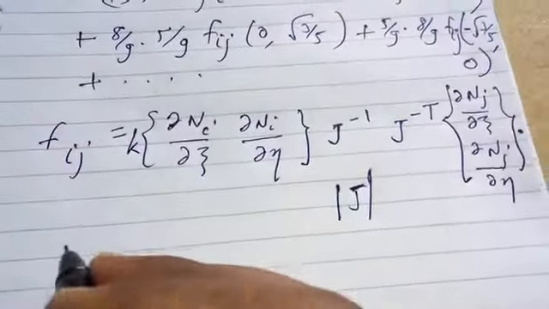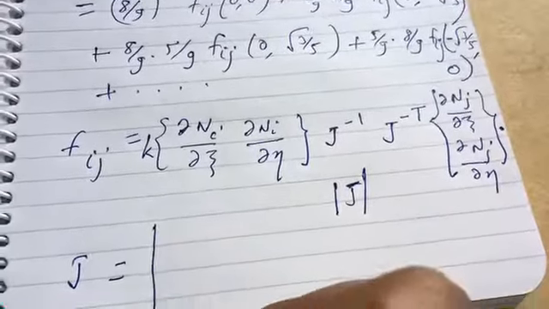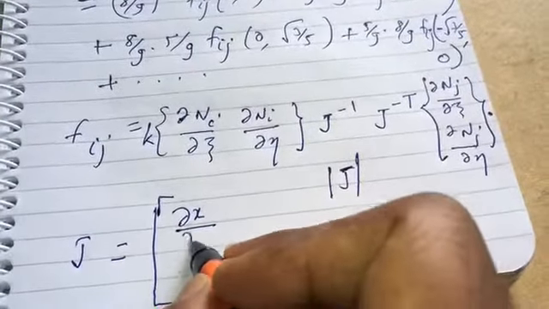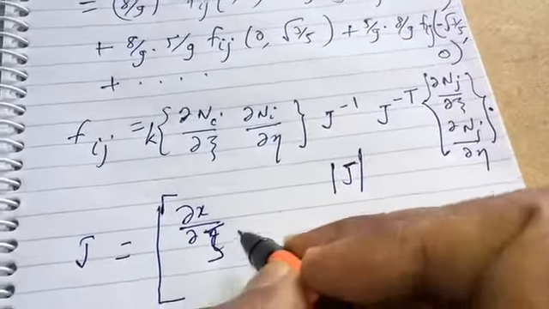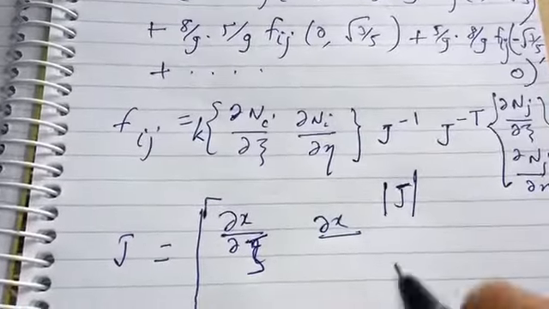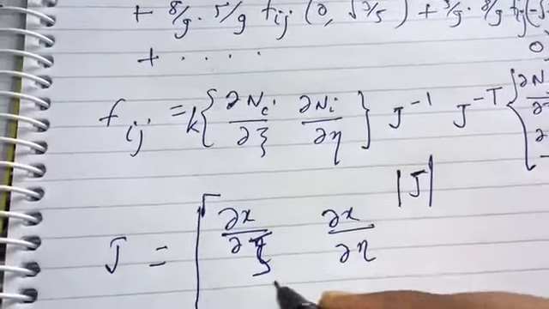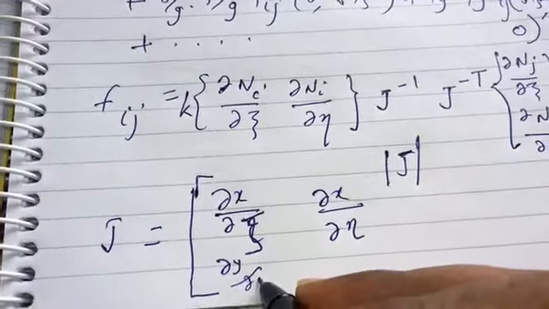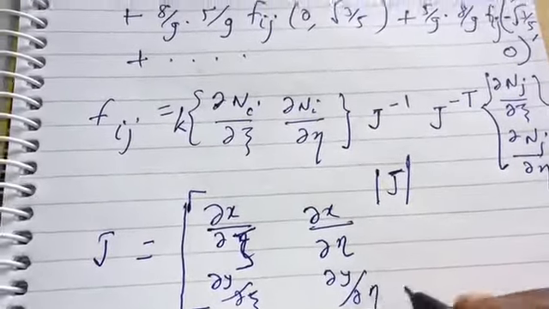where J is equal to a matrix which is del x over del xi, del x over del eta, then del y over del xi, del y over del eta.